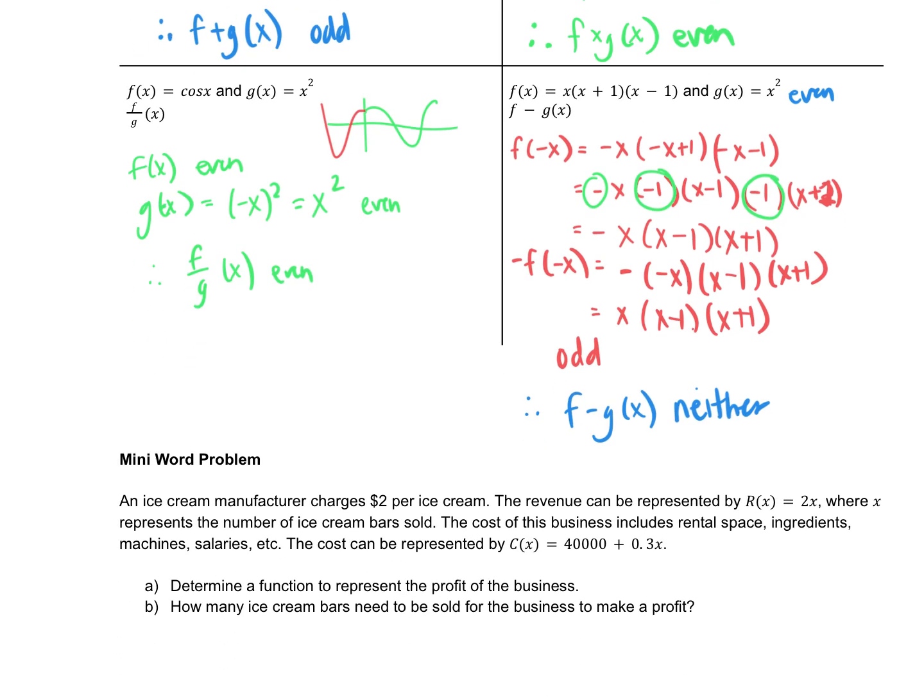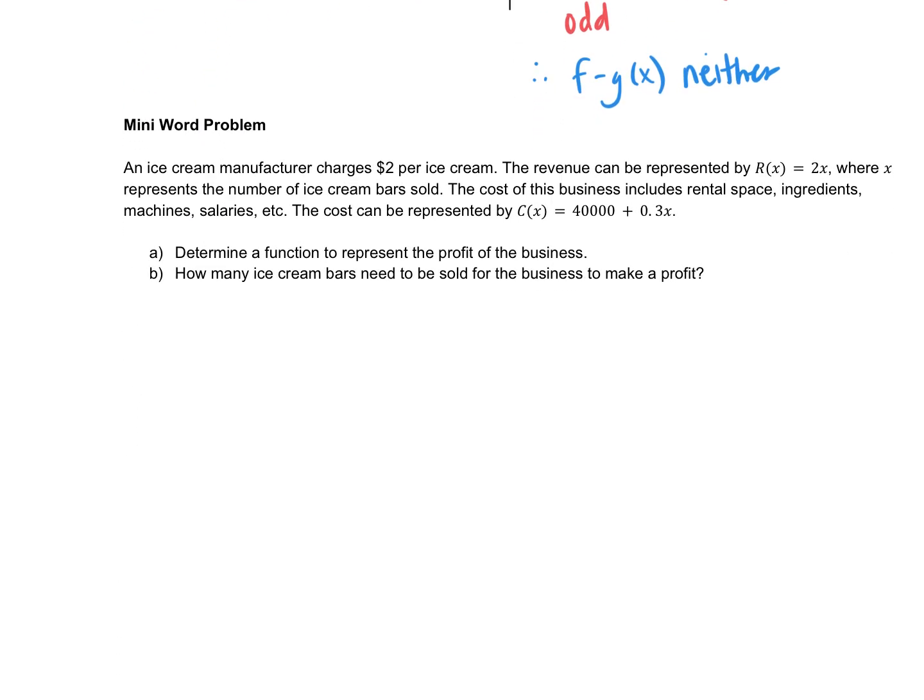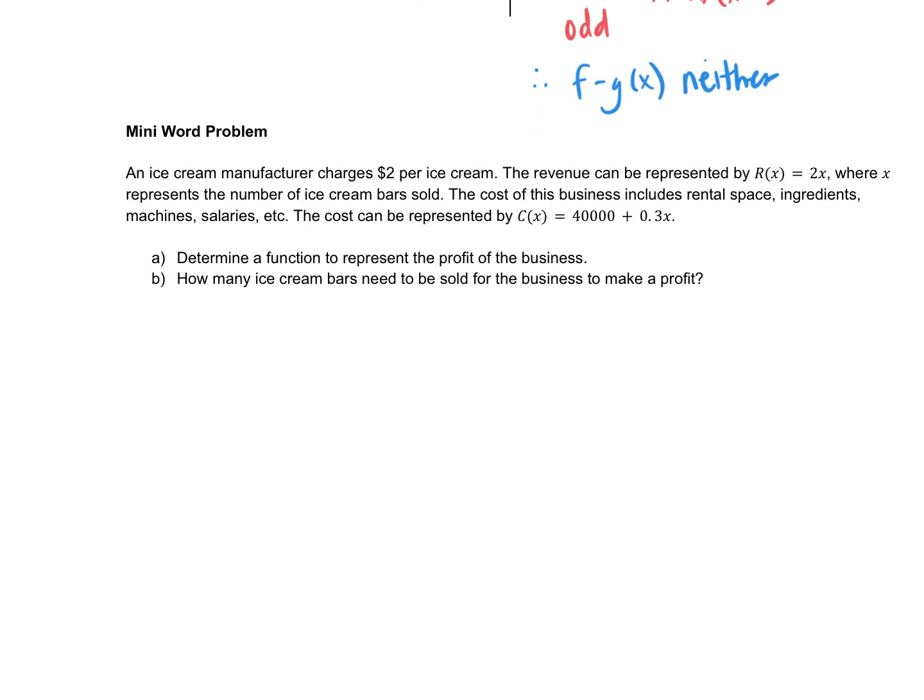All right, now that we're done with symmetry, just a final little word problem to connect it to the combined functions. So an ice cream manufacturer charges $2 per ice cream. The revenue can be represented by r of x equals 2x. So revenue meaning the money coming in.